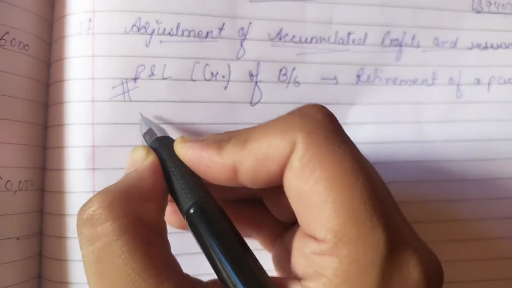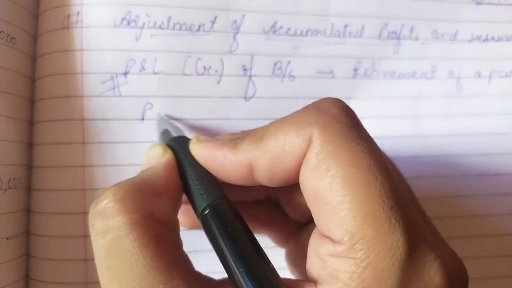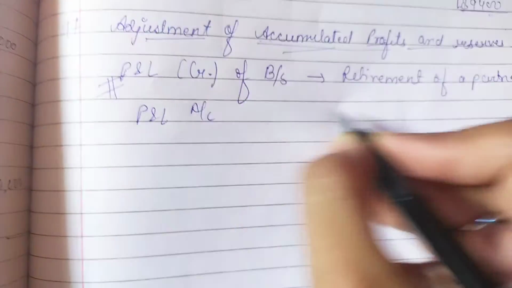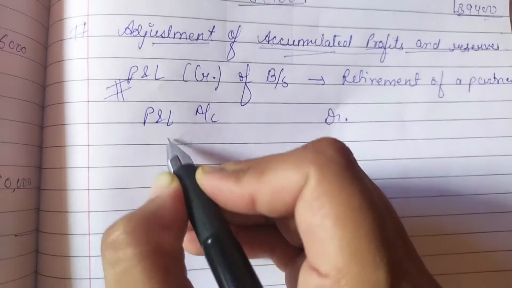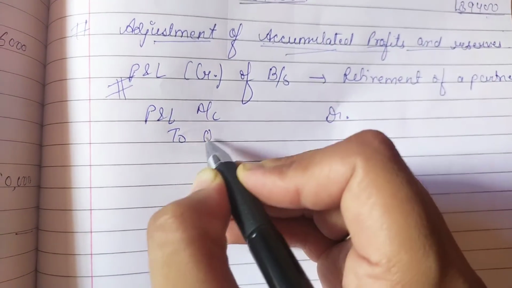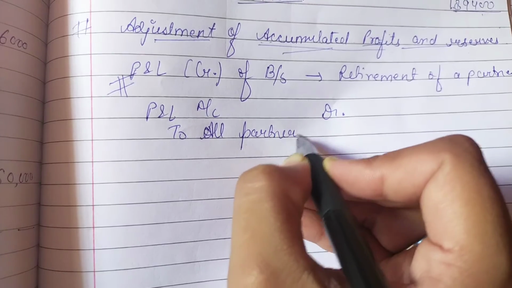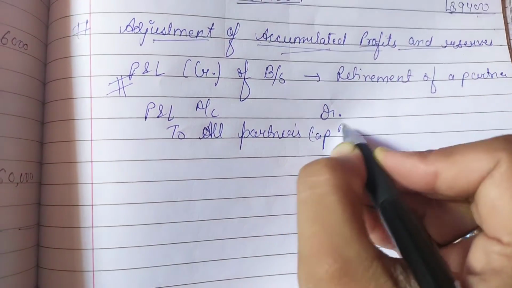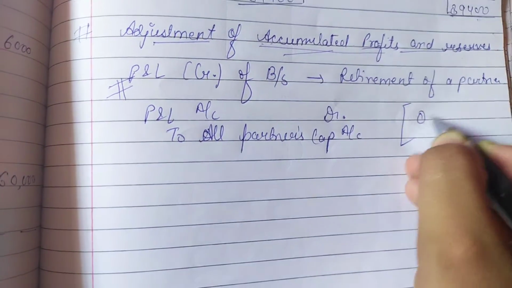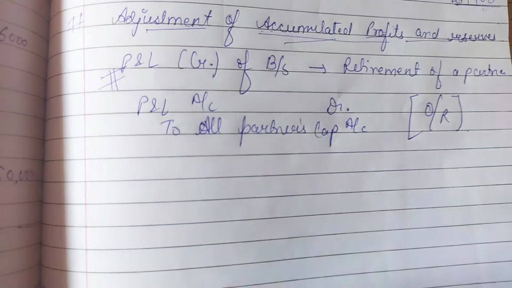So the entry will be P&L account debit to all partners' capital account. So it will be done in the old ratio.